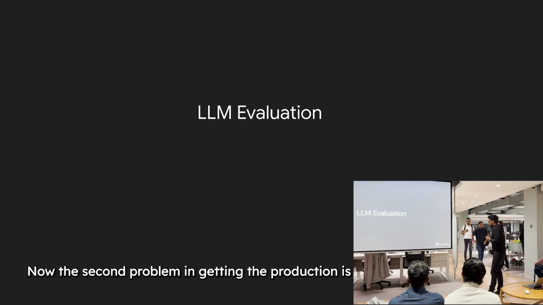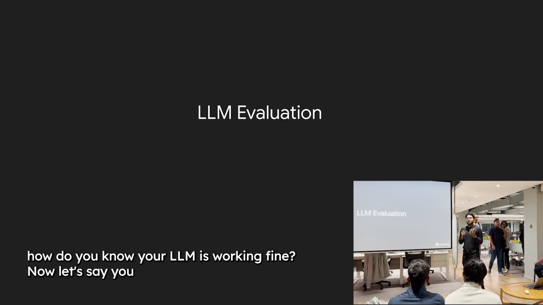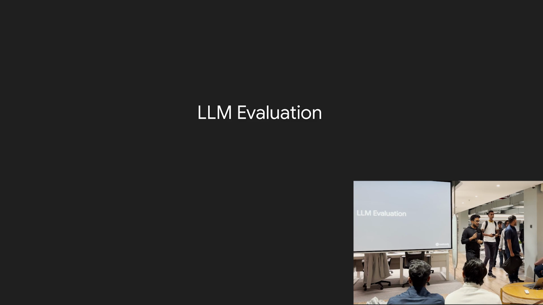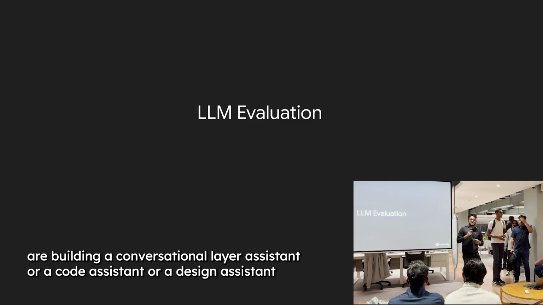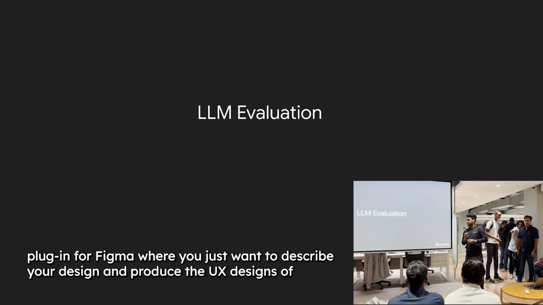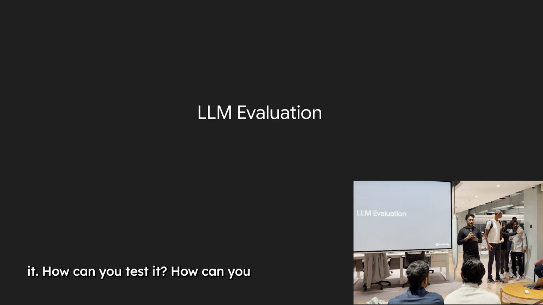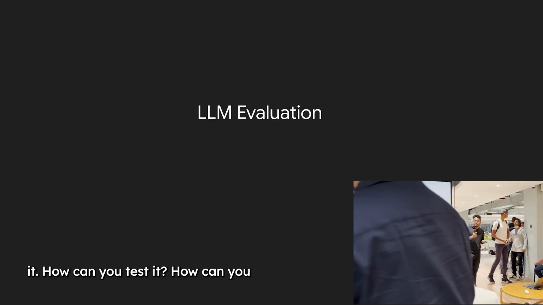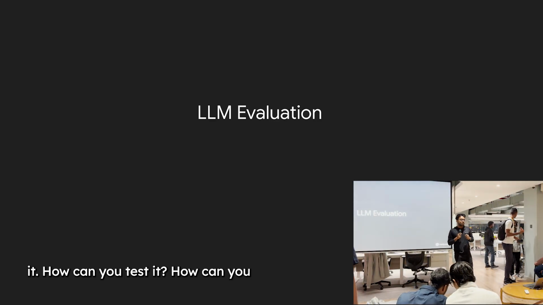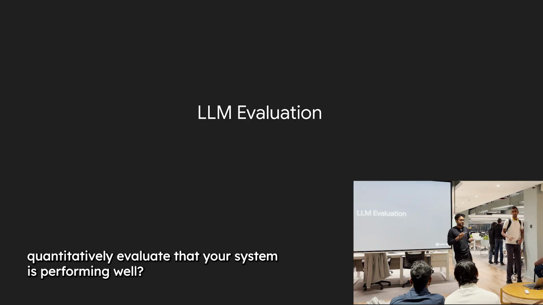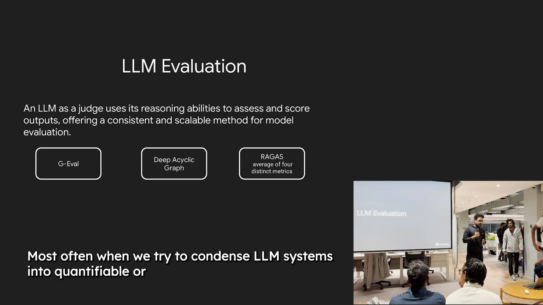Now the second problem in getting to production is, how do you know your LLM is working fine? Let's say you are building a conversational AI assistant or a code assistant or a design assistant plugin for Figma where you just want to describe your design and produce the UX designs of it. How can you test it? How can you quantitatively evaluate that your system is performing well?